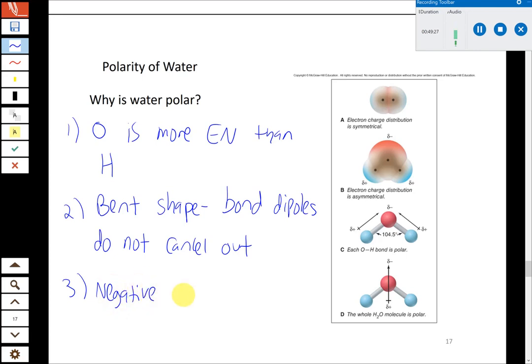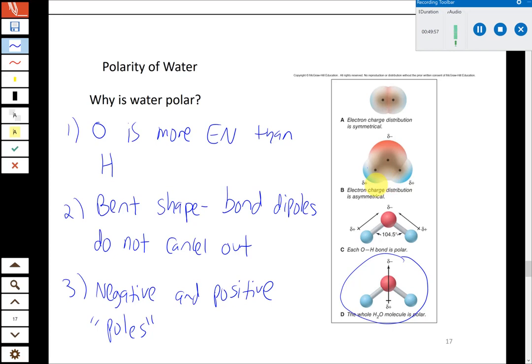That's what we mean by a dipole, a separation of charge, not a complete separation in this case because it's a polar covalent molecule, but you have partial positive and partial negative charges on each end of the molecule. There are a lot of different depictions of this, but this one down here shows that the net dipole in water points up towards the oxygen. And in this colored picture, red means negative charge and blue means positive charge: you have a concentration of negative charge at the oxygen and a concentration of positive charge near the hydrogens.